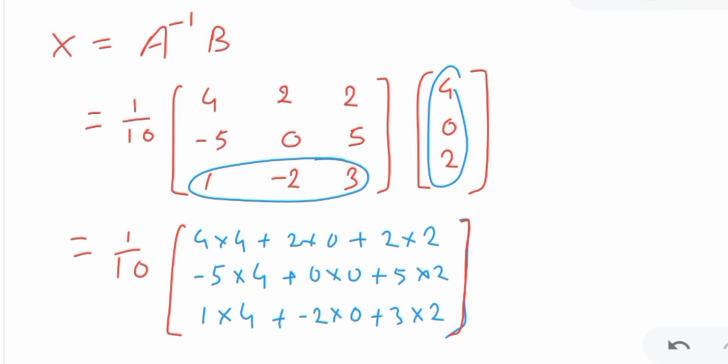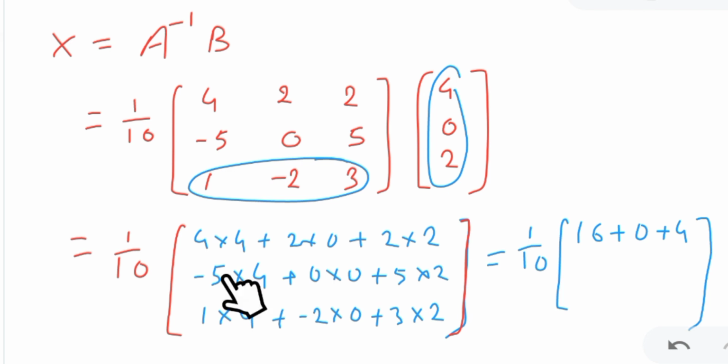This is not lengthy, it only looks lengthy because I am explaining. Now you do the calculation. So 1 upon 10, and this will be 4 into 4, 16. So 16 plus 0 plus 4. Then minus 5 into 4, minus 20, plus 0 into 0 is 0, 5 into 2 is 10.